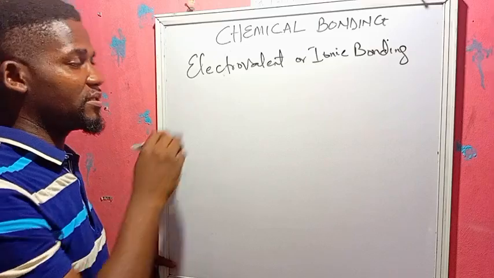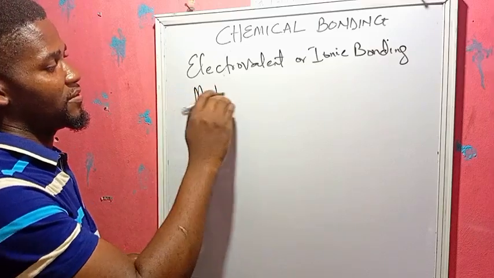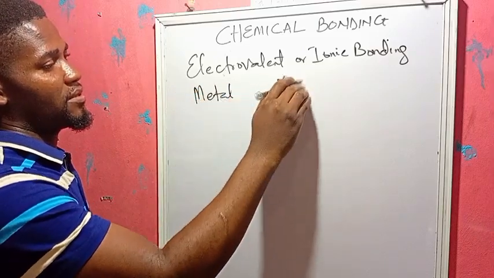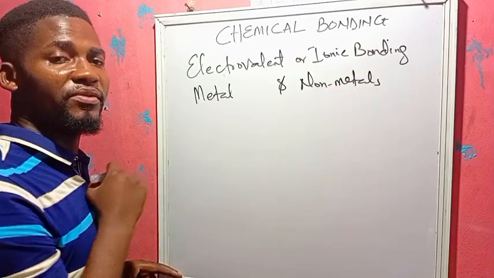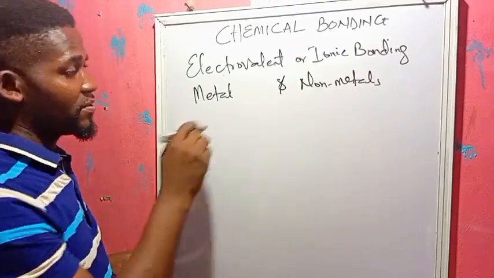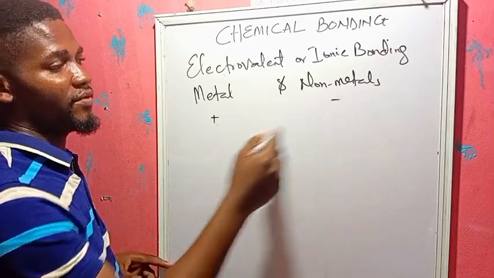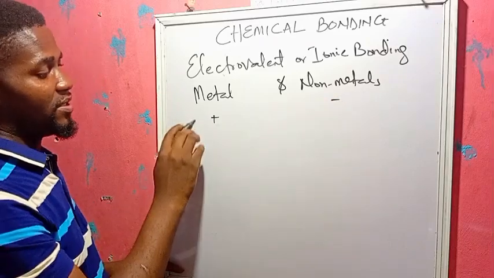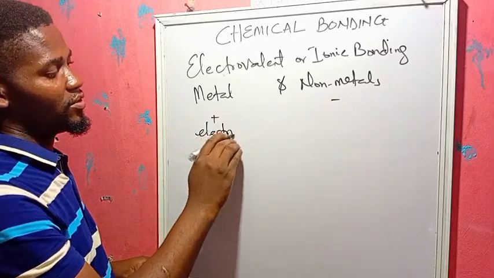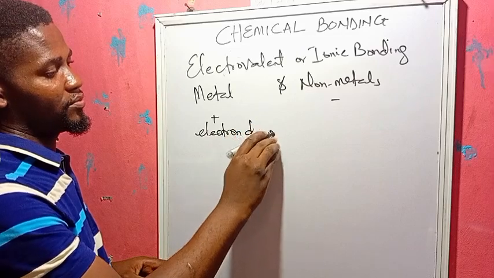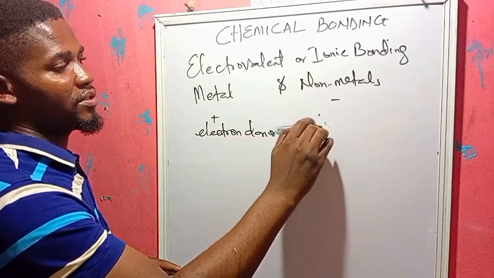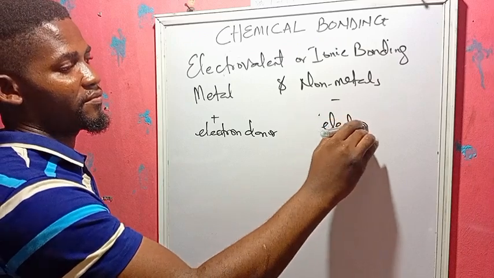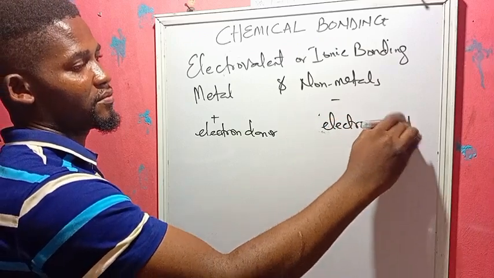This type of bonding is between a metal and a non-metal. This bonding results in the formation of ions, positive and negative ions. The metal is the electron donor. The non-metal is the electron receptor or acceptor.